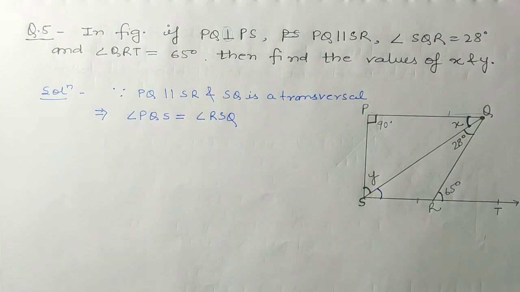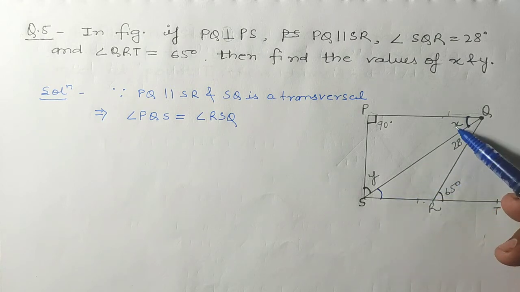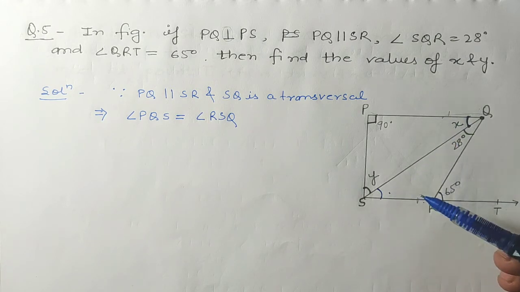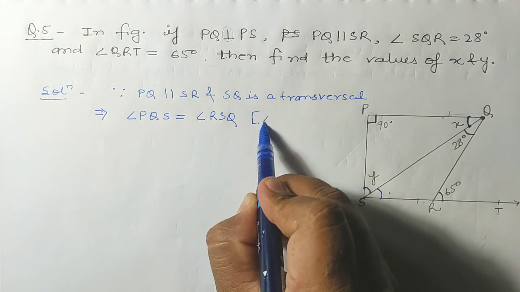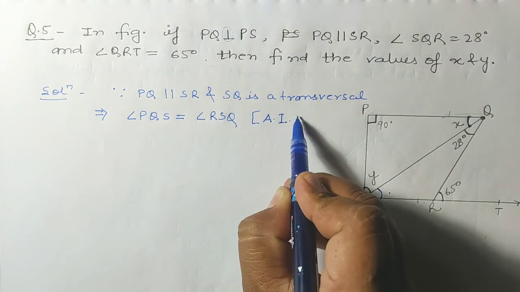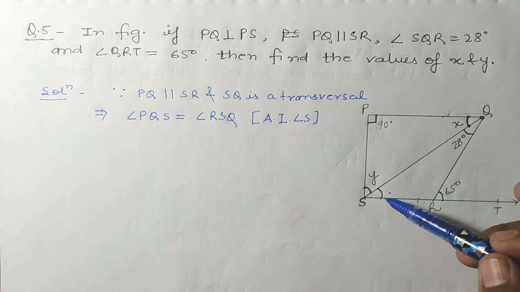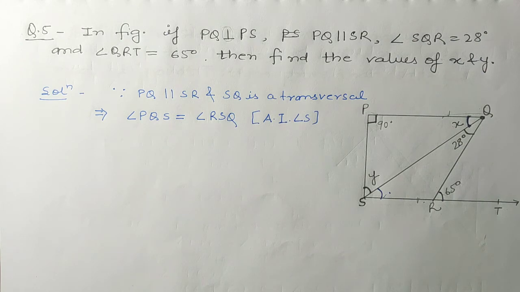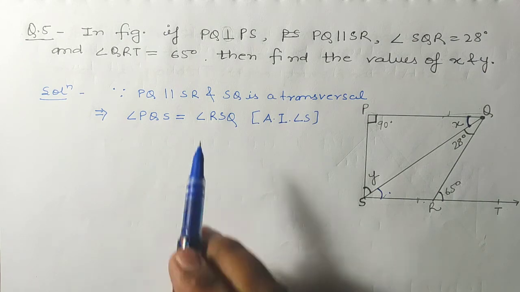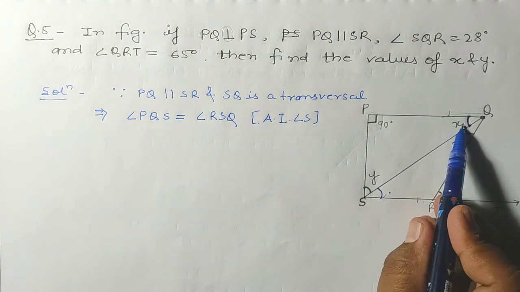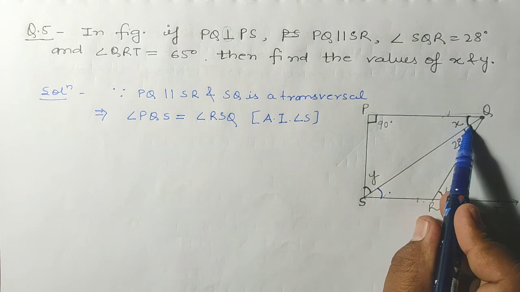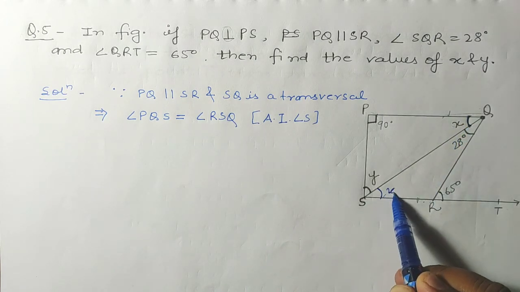Why, students? What is the reason behind it? These are two parallel lines. This is a transversal. Then why is this angle equal to this angle? Because of alternate interior angles. This we have studied. If two lines are parallel, then their alternate angles will be equal. So if angle PQS is X, then this will also be X.